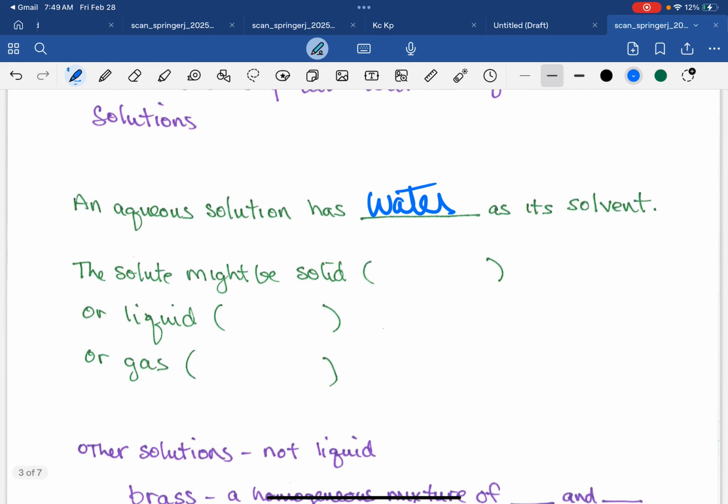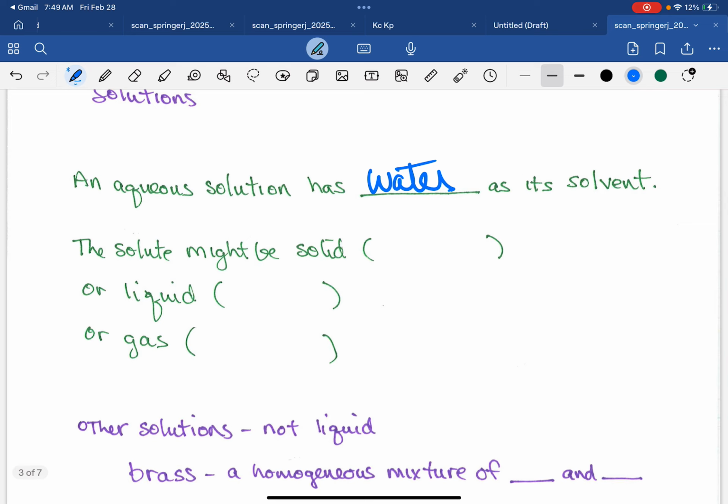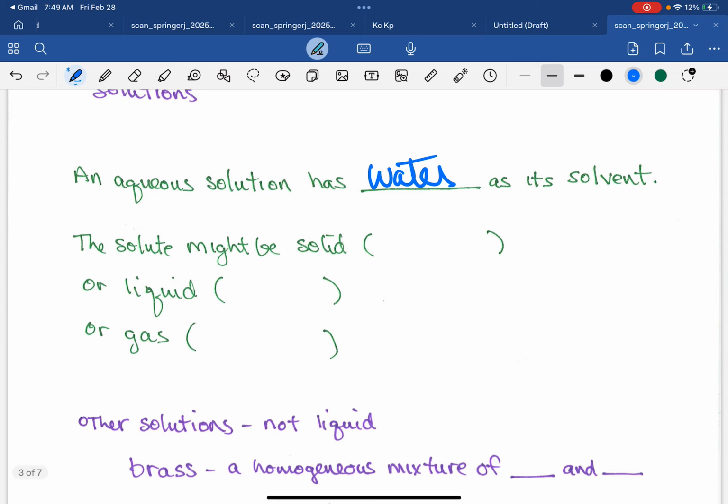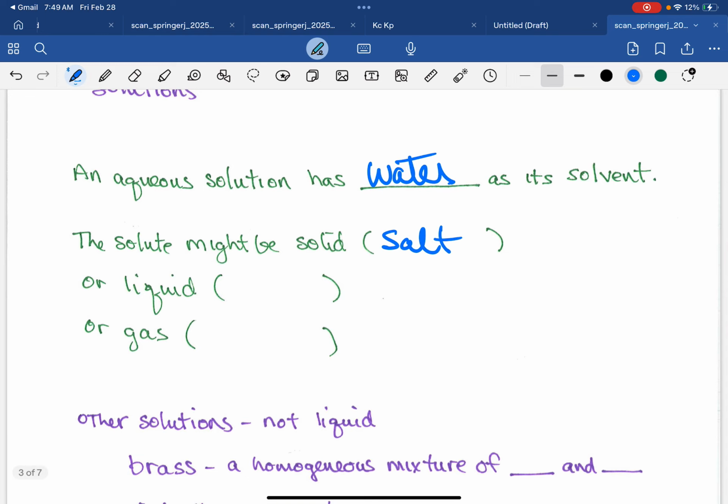And so what could be dissolved in water? Well, you might have a solid dissolved in water, like salt or sugar. You might have a liquid dissolved in water, like, I'm thinking maybe we'll say vinegar. It's got acetic acid dissolved in the water.